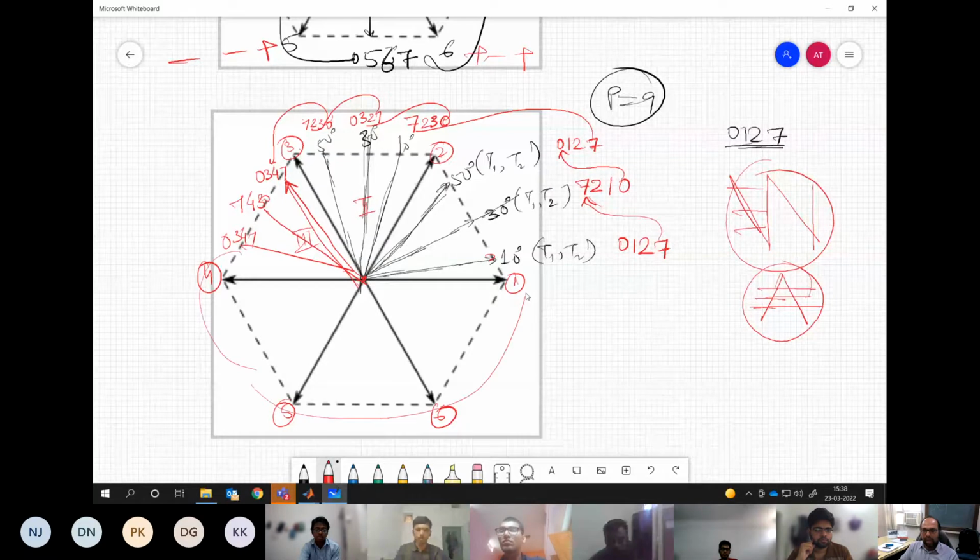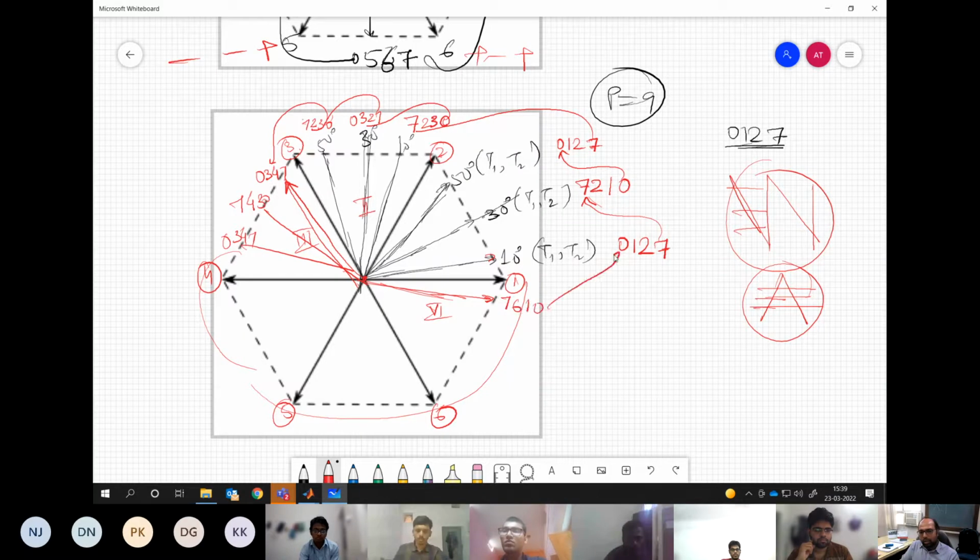It will continue and you will see that the last sample, which is in sector 6, will actually have the sequence of 7, 6, 1, 0. So 0 will continue from here. That will automatically happen. Are you getting my point? Yes, sir.